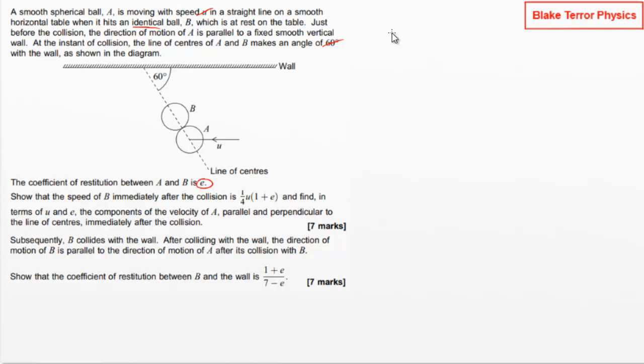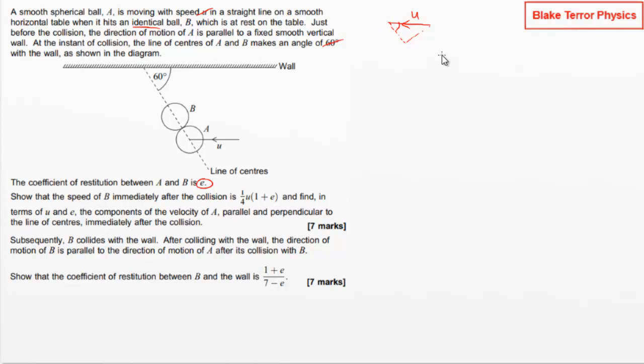So for A, when we start off, we want to switch this u into its components. So if that's our u, then we've got the component along the line of centres and the component perpendicular to the line of centres. Where's our angle in all of this? That is our 60 degrees at the top.